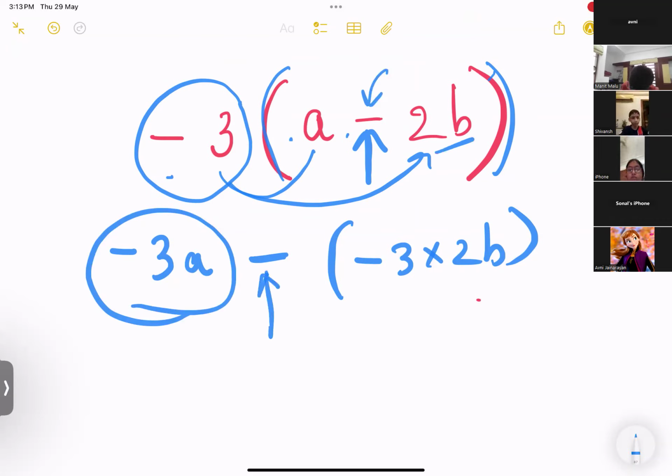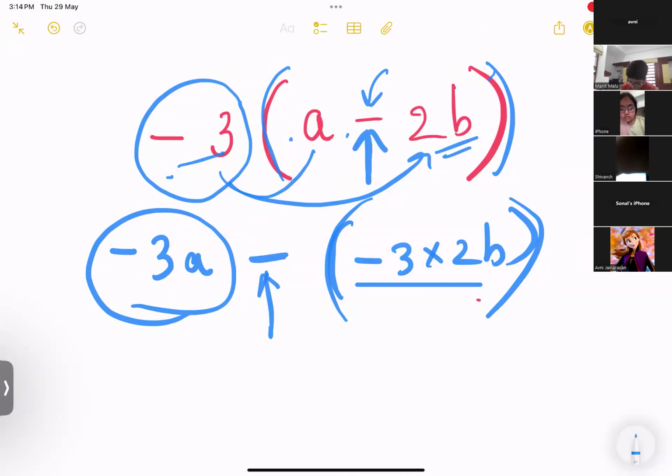Now the term 2b has to be multiplied with minus 3. So I wrote inside the bracket. Please get in the habit of putting brackets yourself. I see a lot of children in front of me solving without brackets. If there is any operation that you have to do, put it inside the bracket.